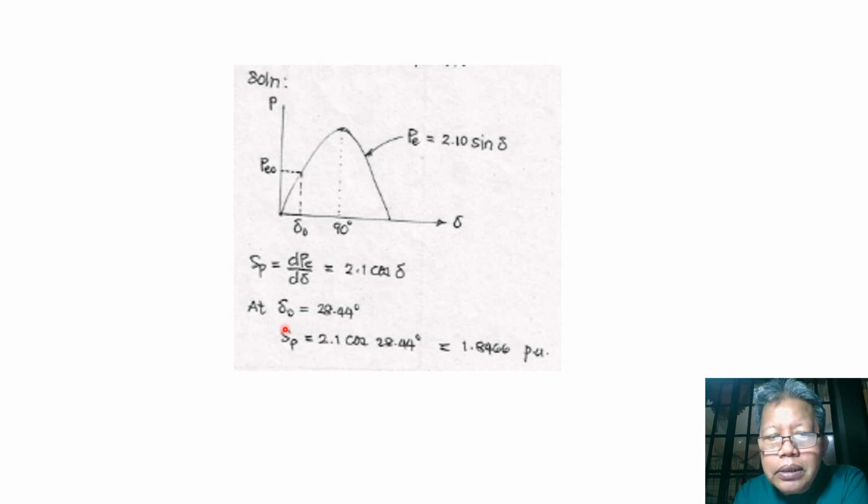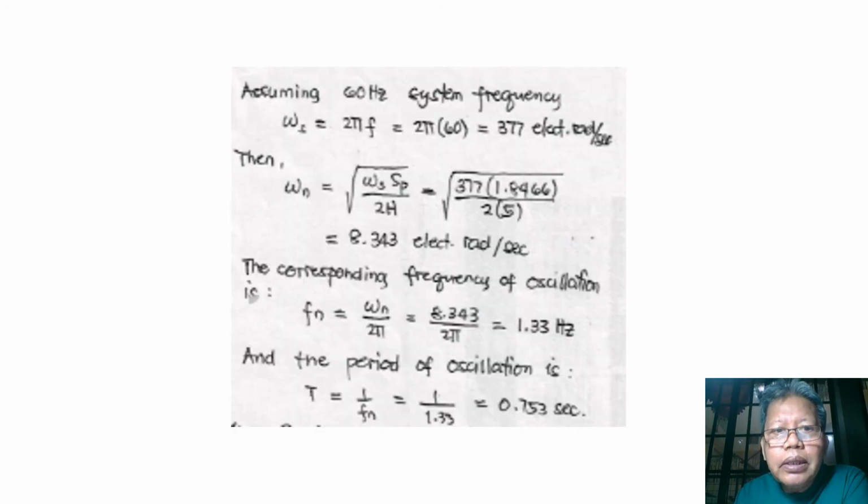So at delta 0 equal to 28.44 degrees, our Sp would be equal to 2.1 cosine of 28.44 degrees, so this is equal to 1.8466 per unit. So assuming 60 hertz system frequency, our omega s is equal to 2 pi f, so 2 pi times 60, or it is equal to 377 electrical radians per second.